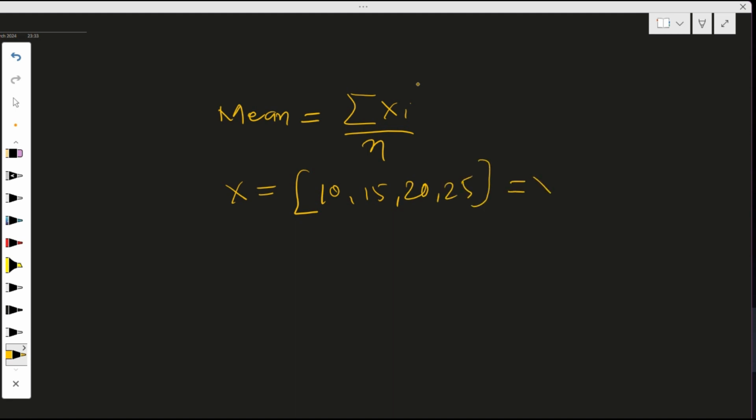The mean of these values will be the summation of all these values: 10 plus 15 is 25, plus 20 is 45, plus 25 is 70, and the number of data points we have is 4. So it will become 17.5.